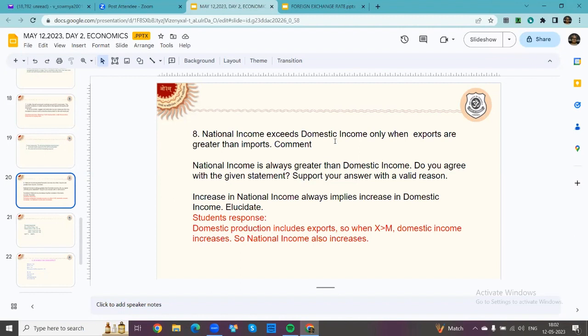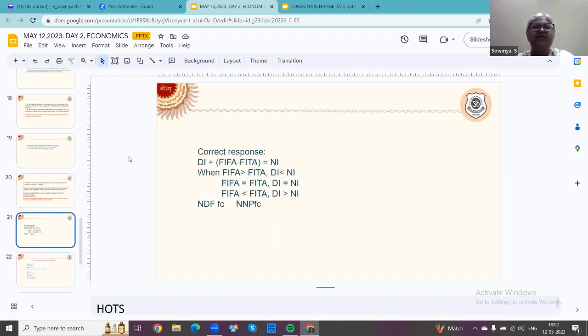Exports and imports are covered in both domestic as well as national product. So the only concept which marks the difference between these two is this. They cannot write it in any other way.